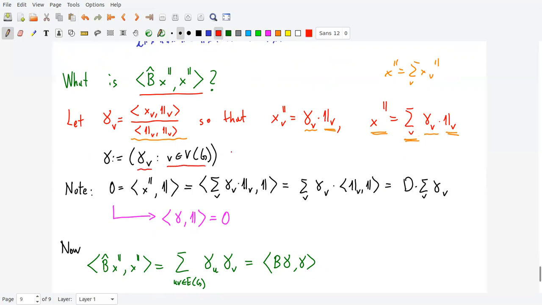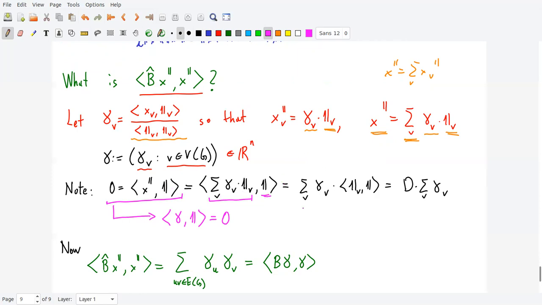Let gamma be the vector of all these gamma v. So this is a vector in R to the n, a vector that lives in the space that corresponds to the graph G, not the graph G zigzag product H. What do we know? We know that x parallel is perpendicular to all ones on the whole graph. So now I rewrite it as a sum over gamma v times 1 of v cross product 1.